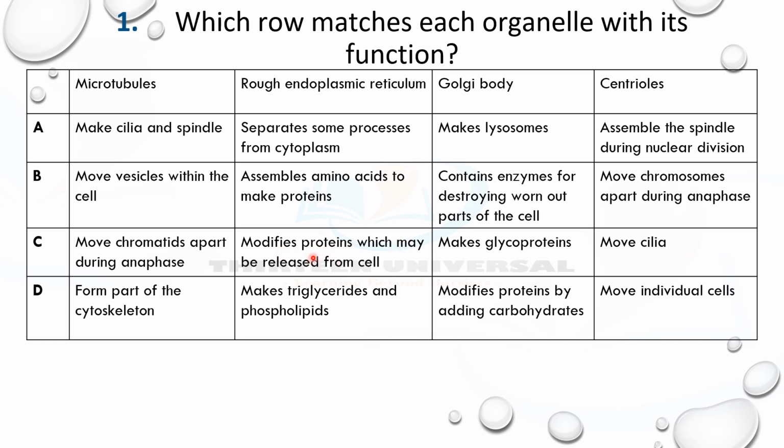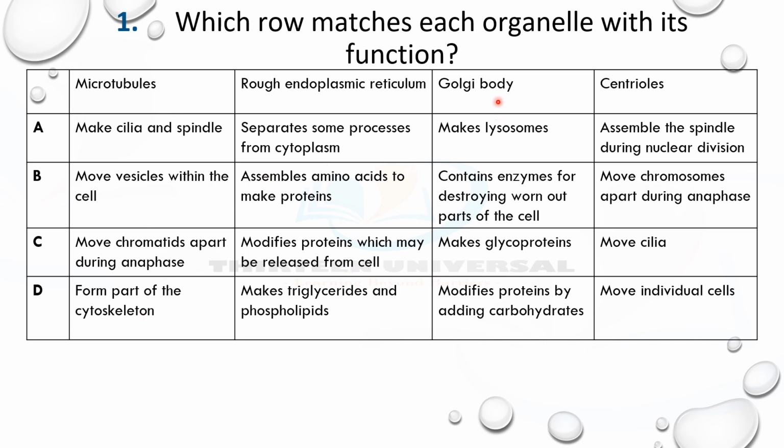Yes, rough endoplasmic reticulum may modify proteins. However, we know the Golgi apparatus is in charge of modification, but rough ER can also modify proteins. Make triglycerides: they cannot make triglycerides. So we have eliminated A and D, and we are focusing on these two.